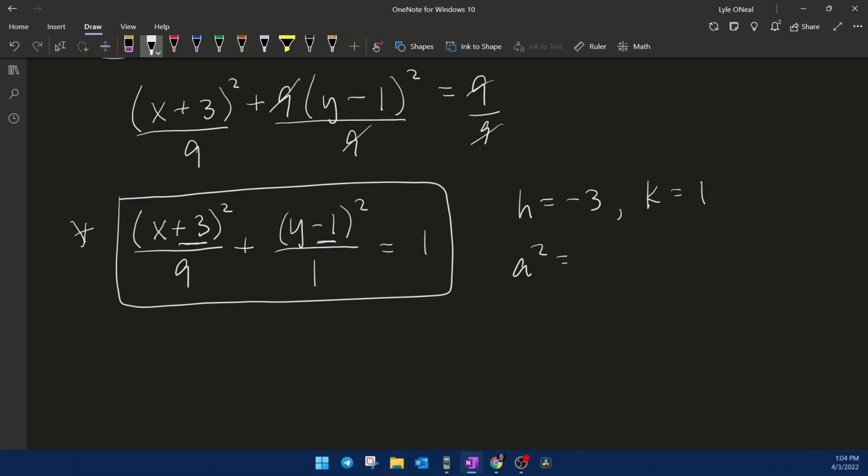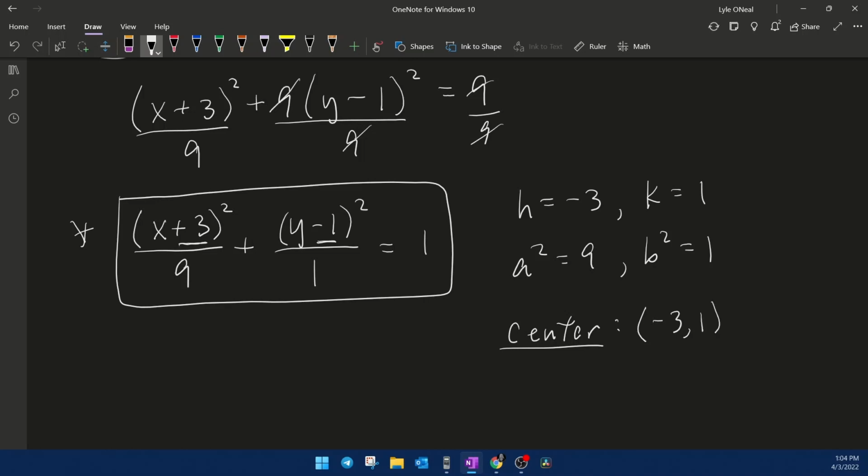A squared, remember, is the bigger of the two denominators, and b squared is the smaller of the two denominators. And do you understand at this point, once I get to standard form, I'm just gathering information, and then I can find whatever they ask me to find. For example, we can get the center now. That is super easy because the center is h comma k.